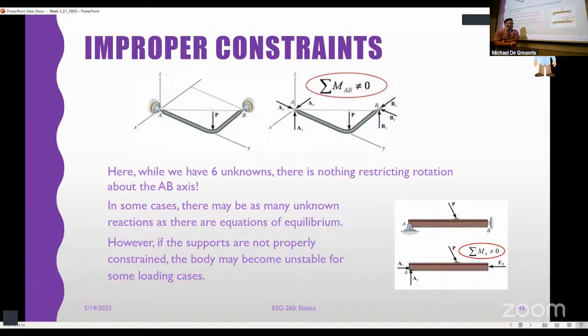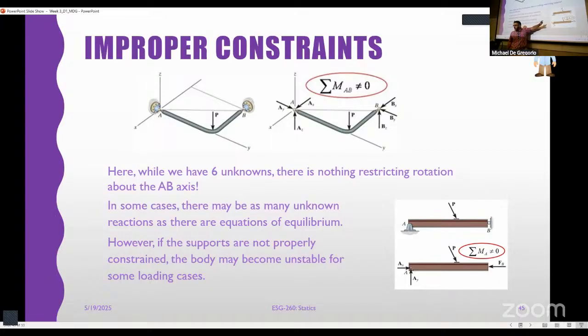Because now you've got just the P, right? All these other ones cancel out at A, but P is still going to have a moment. So it can't possibly be zero because it is not balancing with anything. What would this tell us? This would tell us that this constraint is not the right constraint to use, right? We would want to use a fixed point here, not a pin, right?